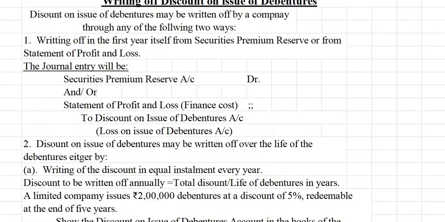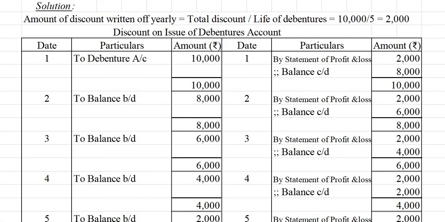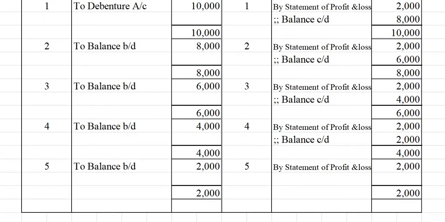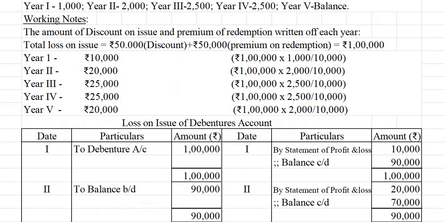Here we have prepared the ledger account, discount on issue of debentures account. In the same way, you can prepare the statement of affairs account also, and the debentures account also. Sometimes you will be asked to prepare the journal entries. Since we have prepared the account, it will be easy for you to prepare the journal entries also.